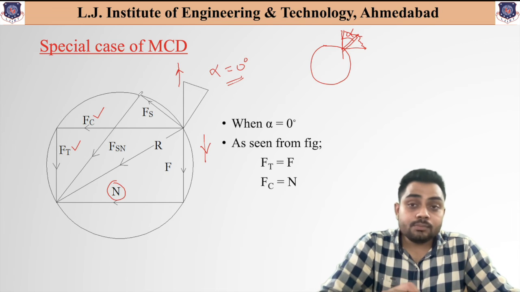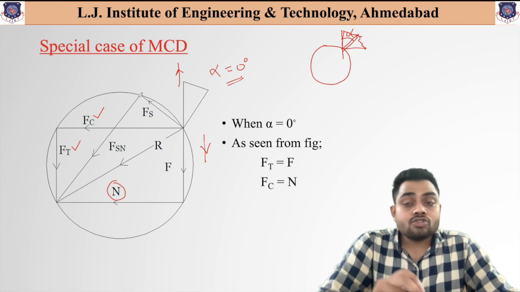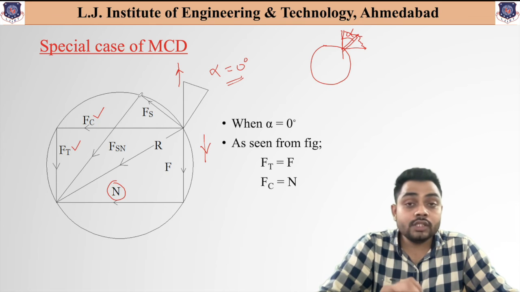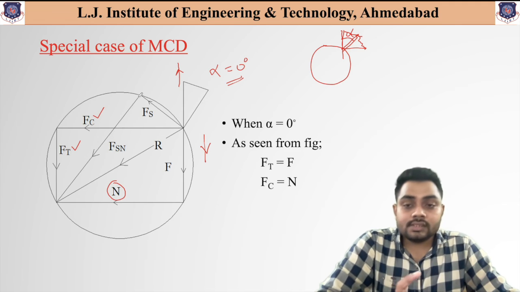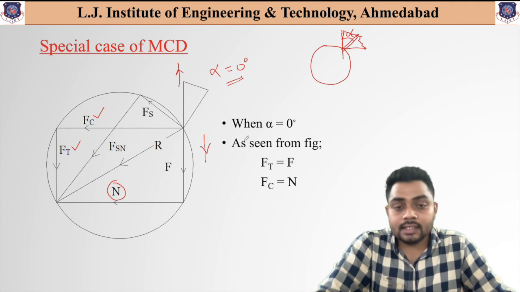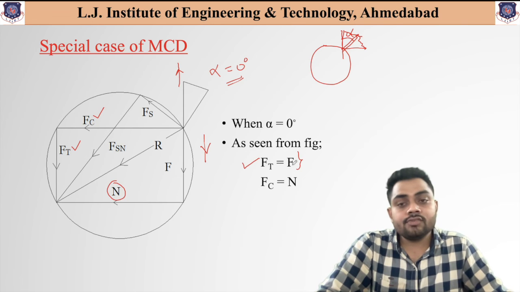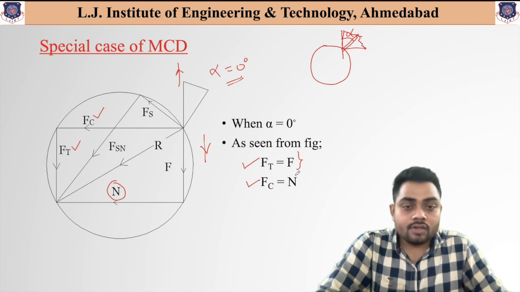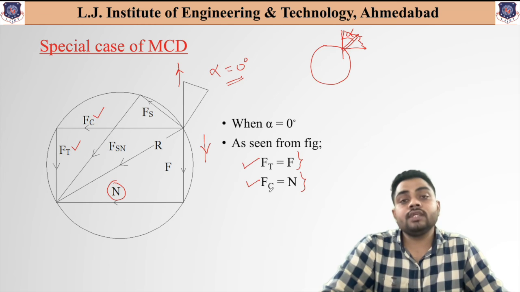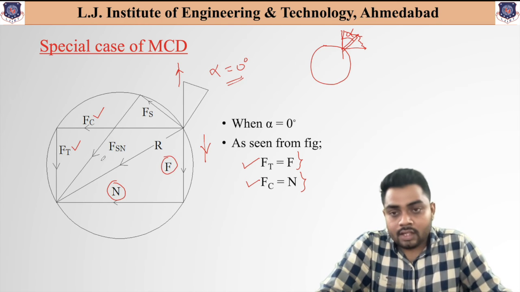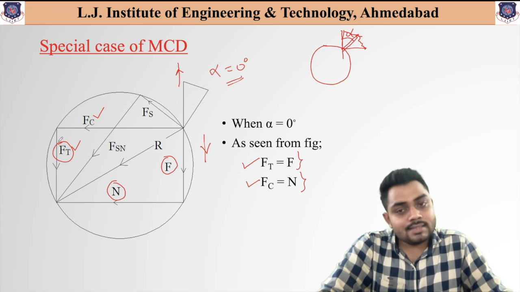But what is the main important logic that you need to understand? In such cases where alpha is 0 degrees, you do not need to go for a particular equation. You will get the clarity that the thrust force gives us the value of the frictional force, and the cutting force gives us the value of the normal force to the frictional force, because the friction force and the thrust force remain the same.